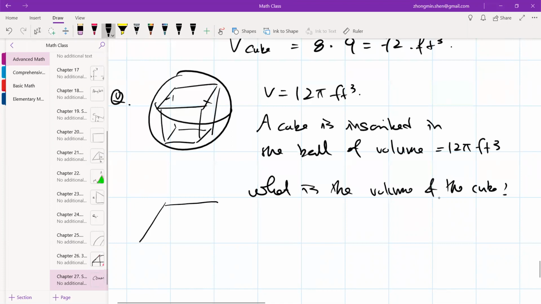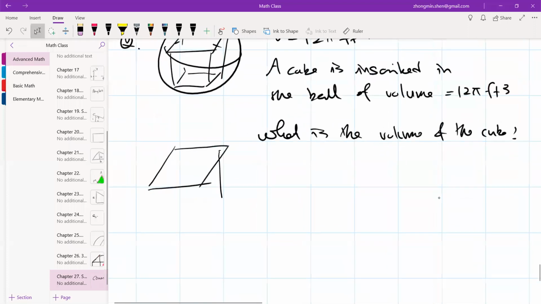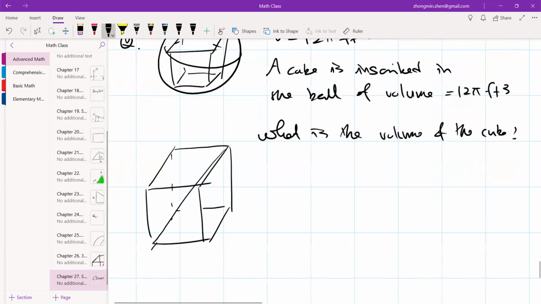So this is a cube inside. So you draw the diagonal, right? And the diagonal actually is the diameter of the sphere. Did you see that? Then you solve the problem.